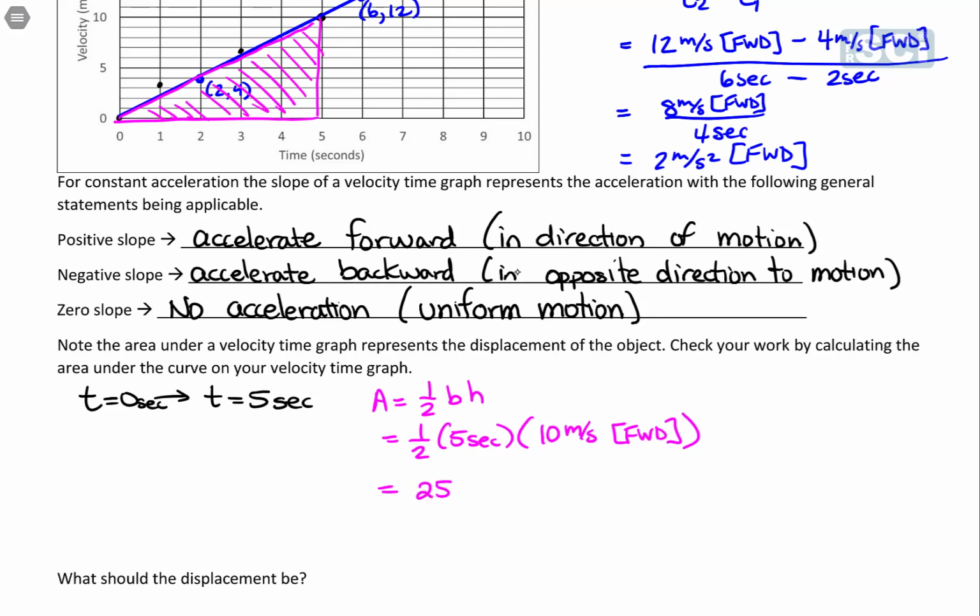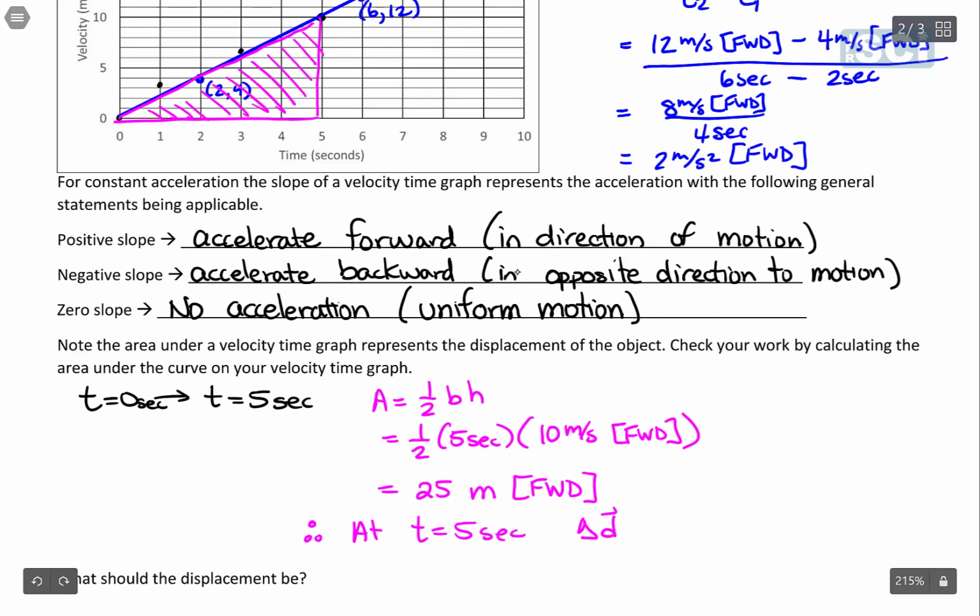Meters times seconds divided by seconds, I get meters, and that's forward. It tells me that at t equals 5 seconds, the object's displacement should be 25 meters forward.